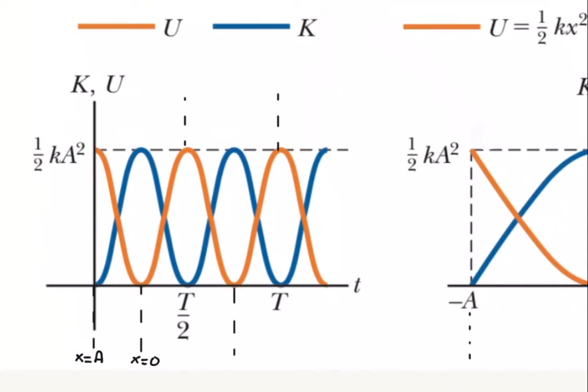Then I see that I go from x equals a to x equals 0. At this point the kinetic energy is maximum, the potential energy is 0 because there is no restoring force. Then I go to x is equal to minus a.